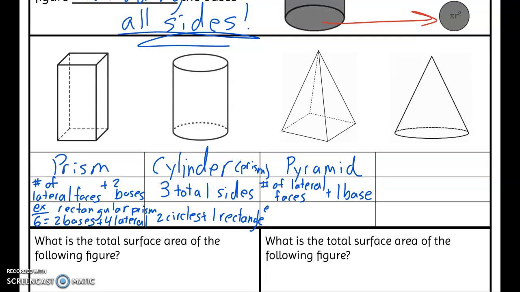An example of this is the one up at the top. It is a rectangular pyramid. It has the 4 triangles of the lateral faces and 1 rectangle.